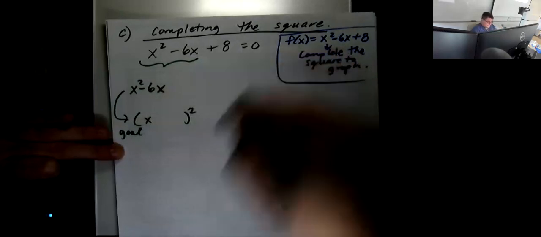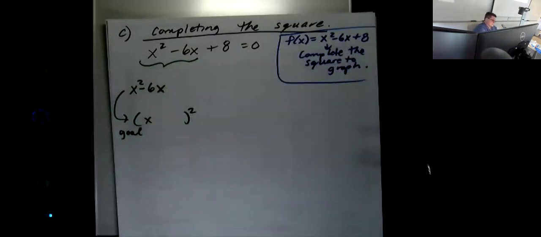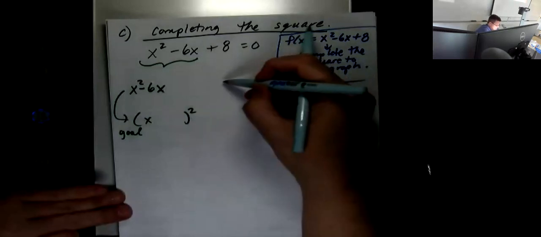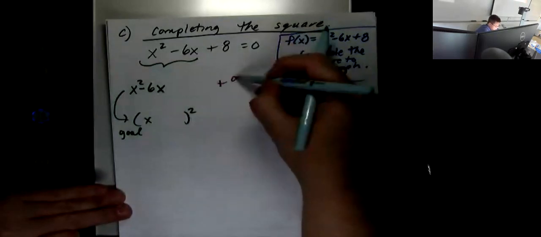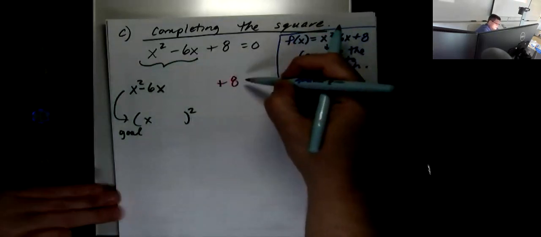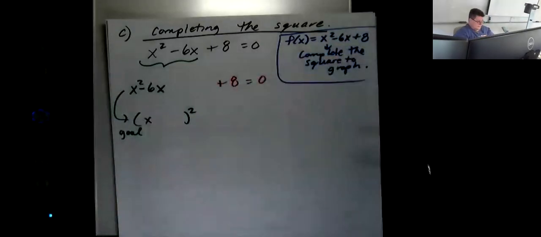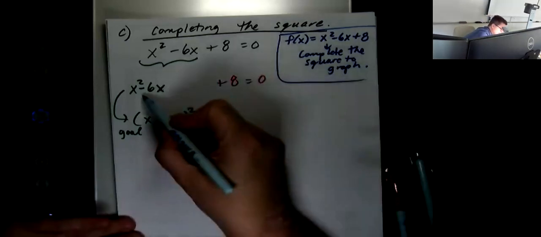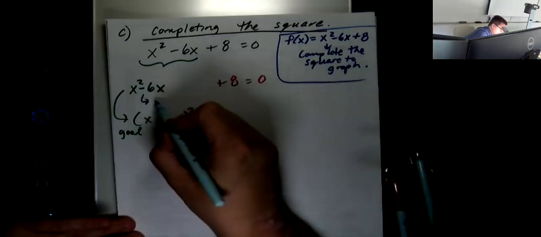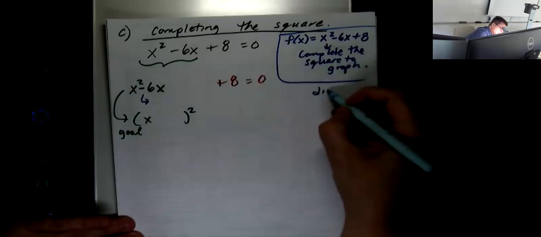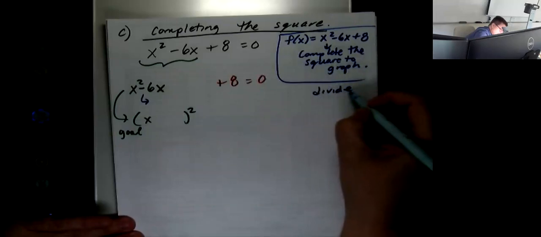I'm gonna put the plus 8 to the side a little bit. Now, the way you go about completing the square is, take this number, which is b, and divide by 2.